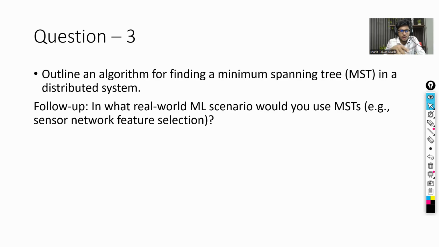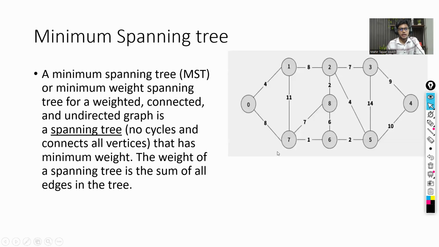Before answering that, we just have to know what MST is. It is also one of the core concepts of computer science. A minimum spanning tree is a subgraph. Every tree is a graph, so it's a subgraph, and it has no cycle, that is one part of it.